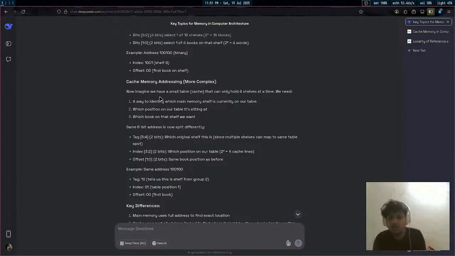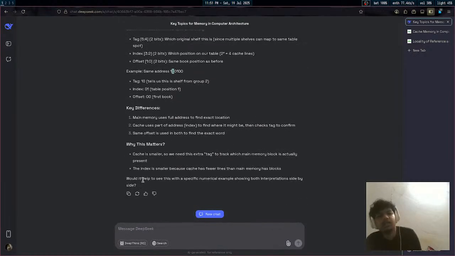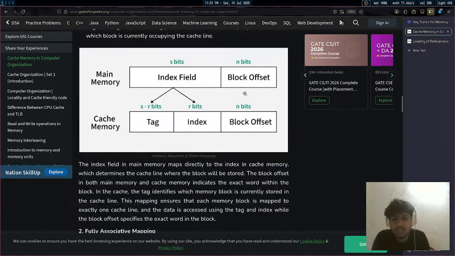Way to identify which main memory shelf is currently on our table. Tag. Again, how long have I been going for? 1 hour 12 minutes. Yeah, leave it at that. Way to identify which main memory shelf is currently at our table. Again, which block is at our table. So when we write 2, is it asking... I did not understand anything at all for this.